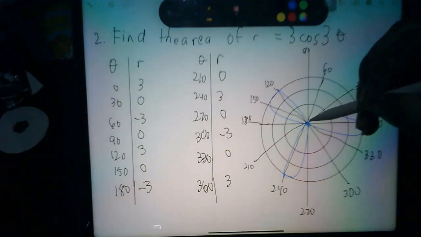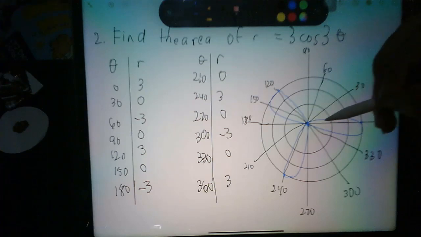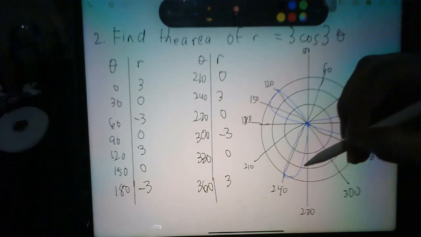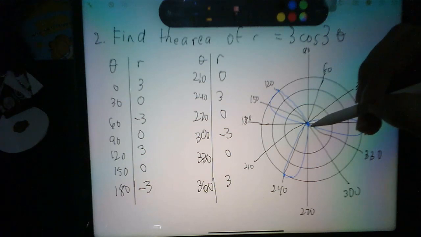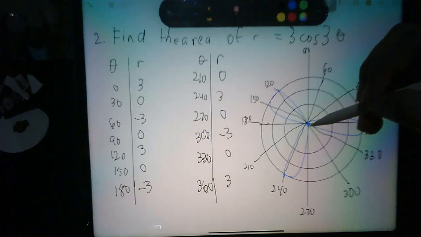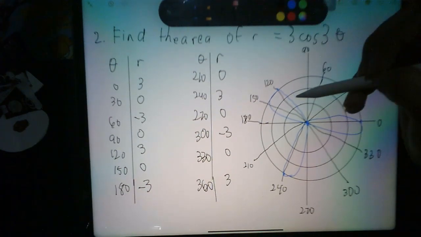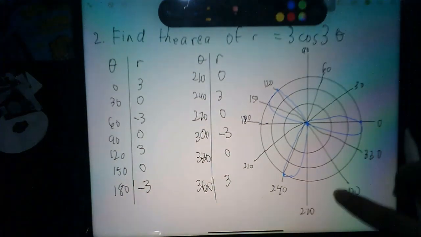This forms that. 240 is 3. And 270 is 0. And 300 is negative 3. So by inspection, this looks like this.